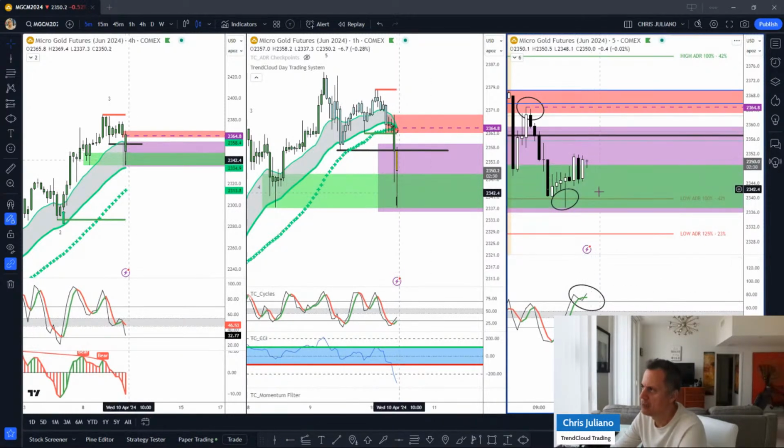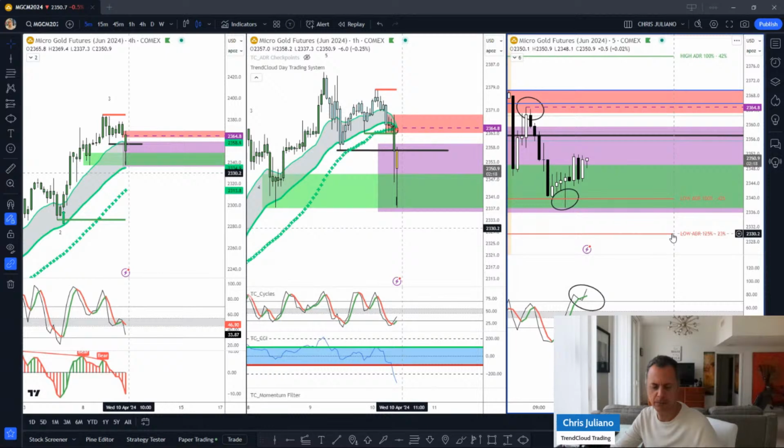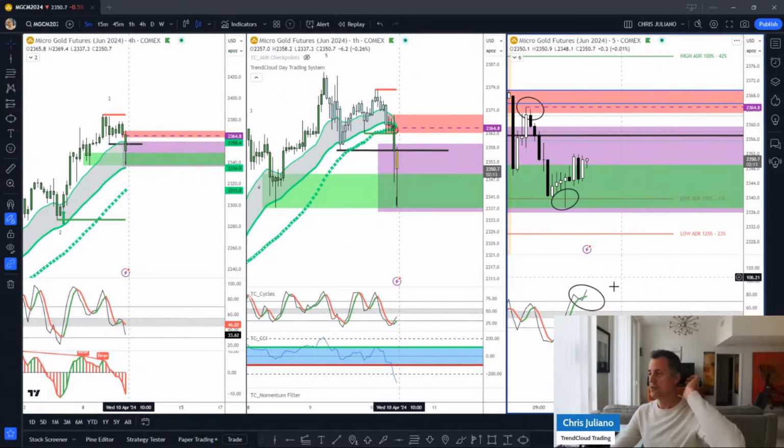Does this make another move to the downside and maybe hit this ADR checkpoint? Very possible.